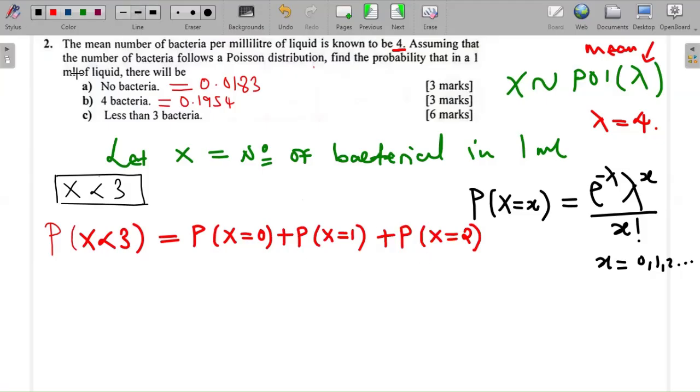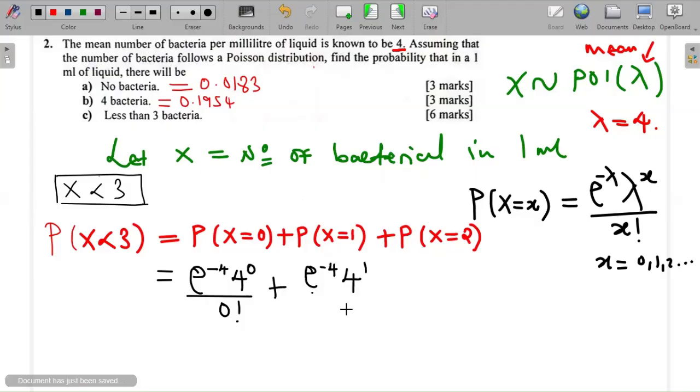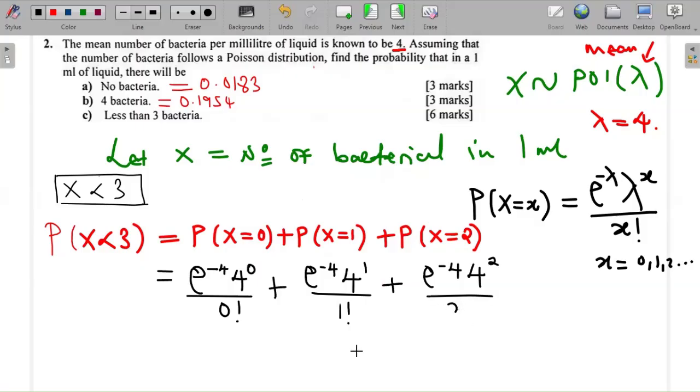And then for each of these, we are going to use this formula here. So for the first one, it will just be e to the power minus 4, 4 to the power 0 over 0 factorial, plus e to the power minus 4, 4 to the power 1 over 1 factorial, plus e to the power minus 4, 4 to the power 2 over 2 factorial.